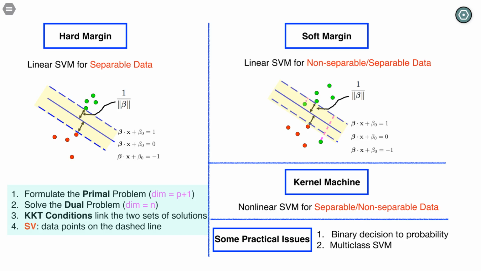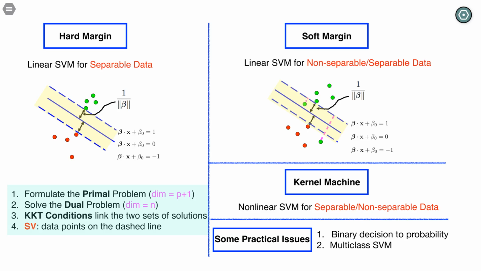Those are the points that play a role in determining beta and beta 0. So in that sense, the SVM is quite sparse. The data points whose lambda i's are non-zero are called support vectors. So the SVM machinery is really determined by just a handful of support vectors.